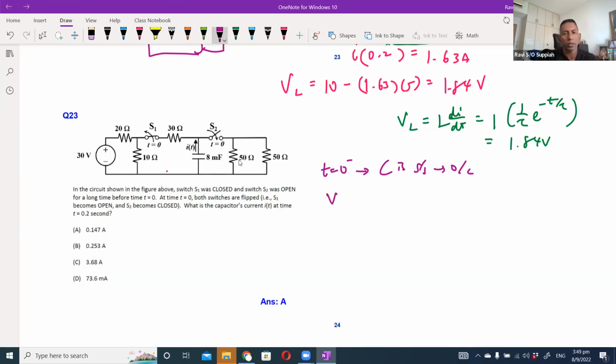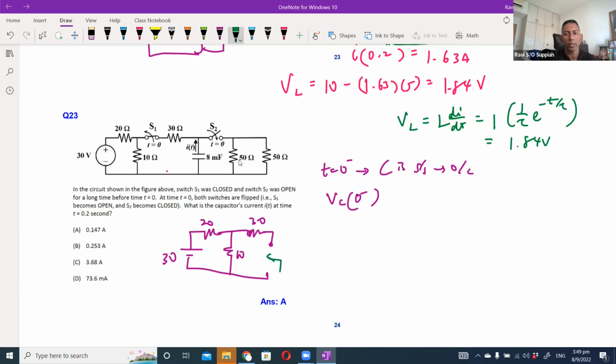So the voltage across the capacitor at 0 minus is equivalent to the voltage across the 10 ohm resistor. Why? If you look at the circuit, you have the 20 ohm, the 10 ohm, the 30 ohm here, and an open circuit.